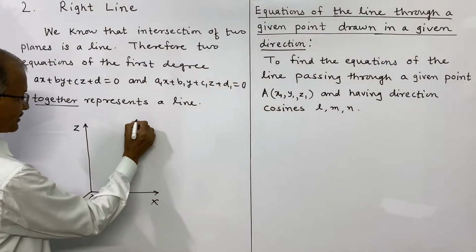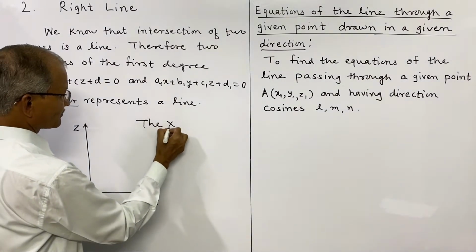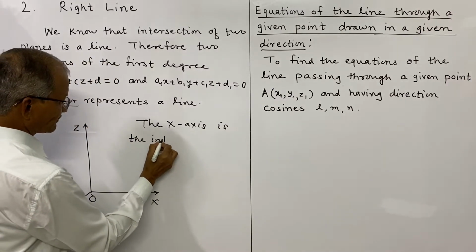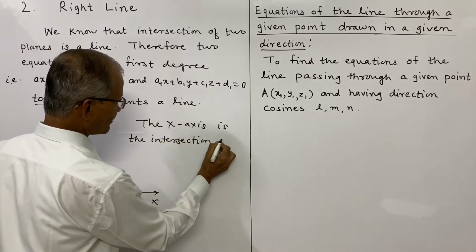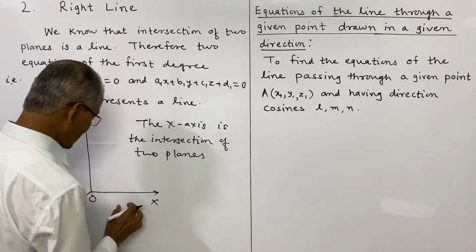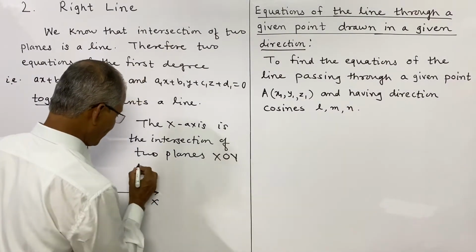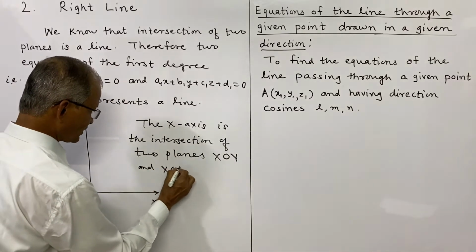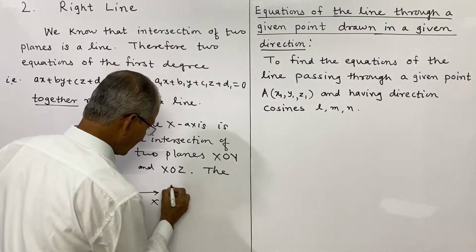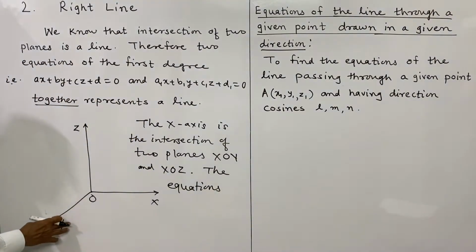So the x-axis is the intersection of two planes, and the two planes are xoy or xy plane and xoz or xz plane, and therefore the equations of x-axis will be the equations of these two planes.